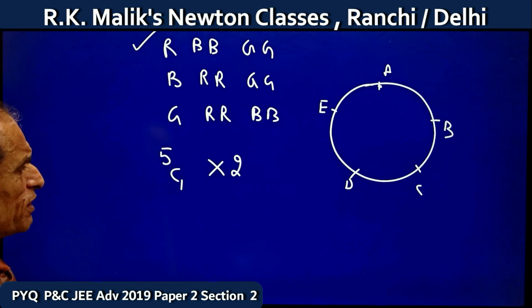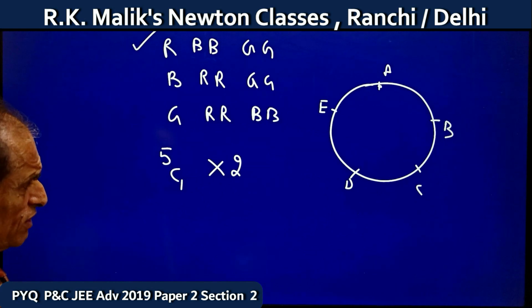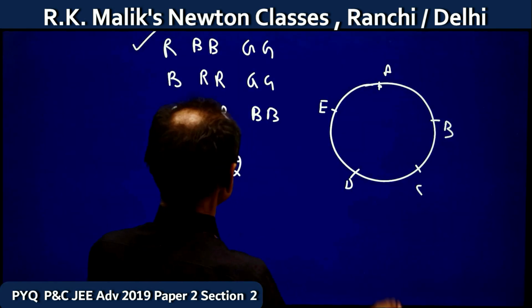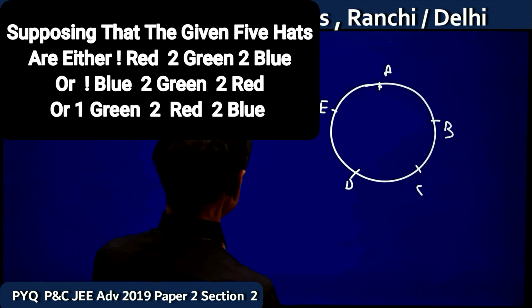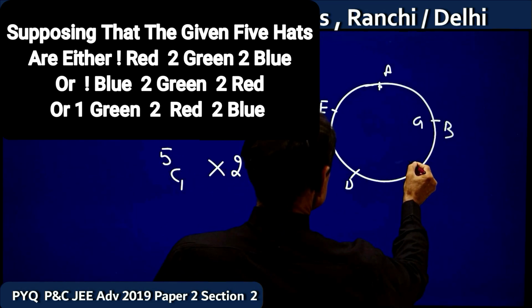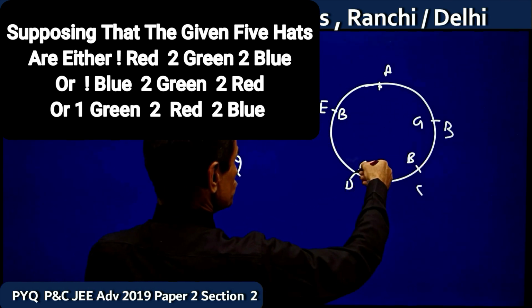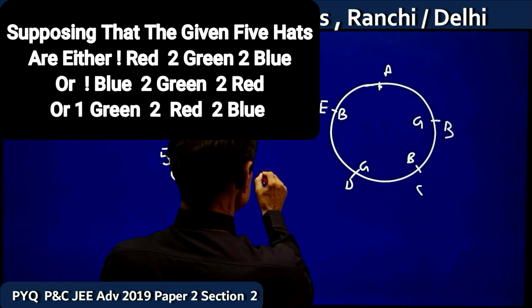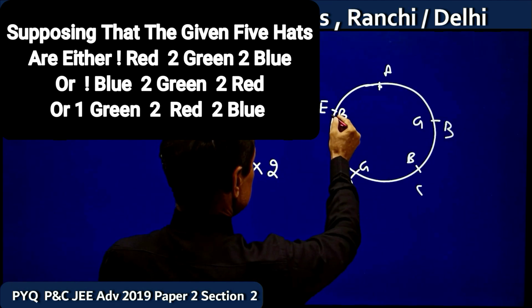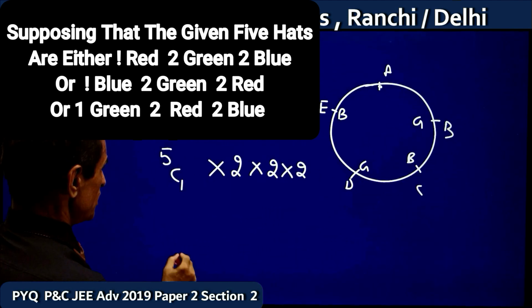And as I told you in the very beginning, I will be discussing that case also when the hats of same color are not identical, that is, they are different. In that case, suppose I have given the hats in this way: green, blue, green, blue. Then these two green hats can also be arranged among themselves. These two blue hats can also be arranged among themselves.